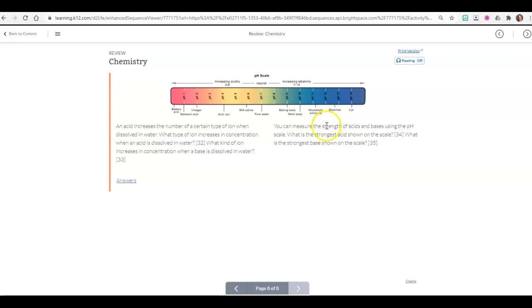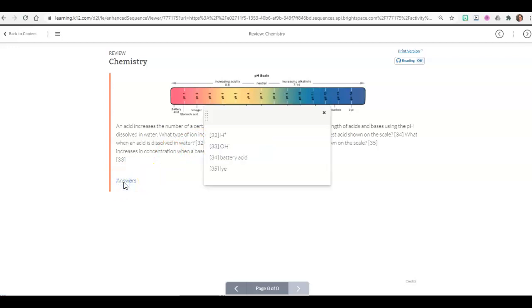Just remember that an acid increases the number of a certain type of ion when it's dissolved in water. What type of ion increases in concentration when an acid is dissolved in water?